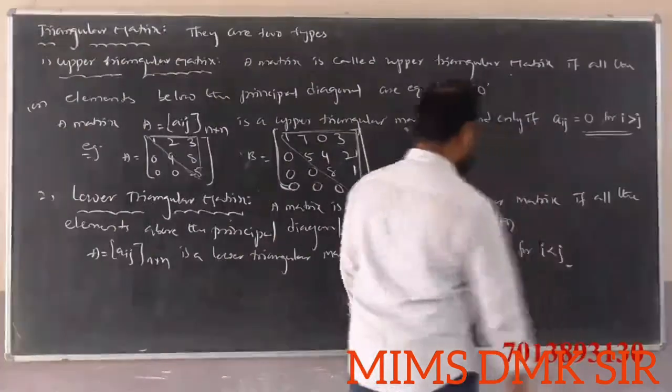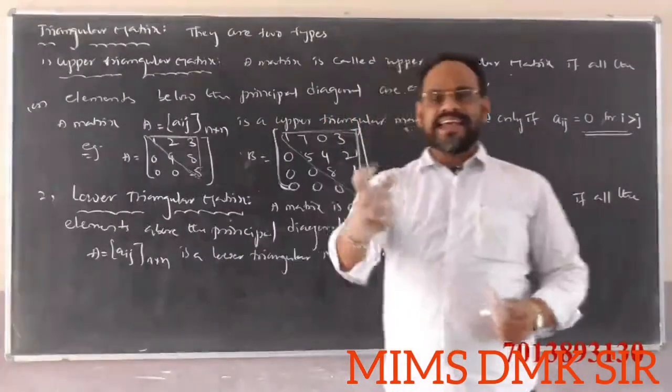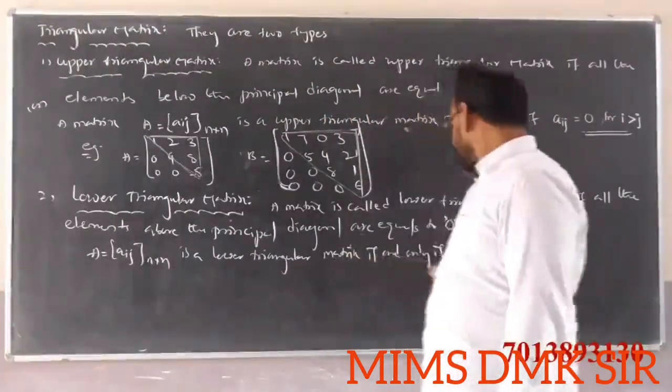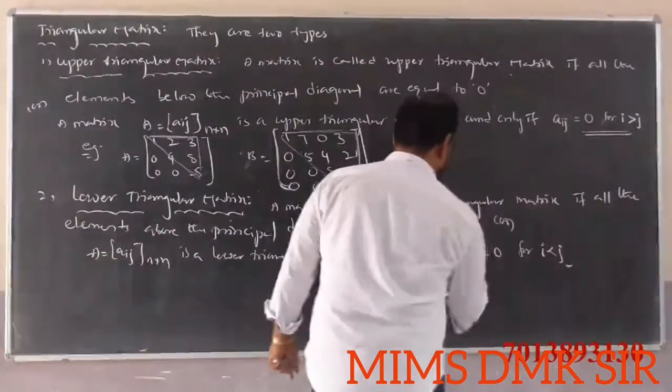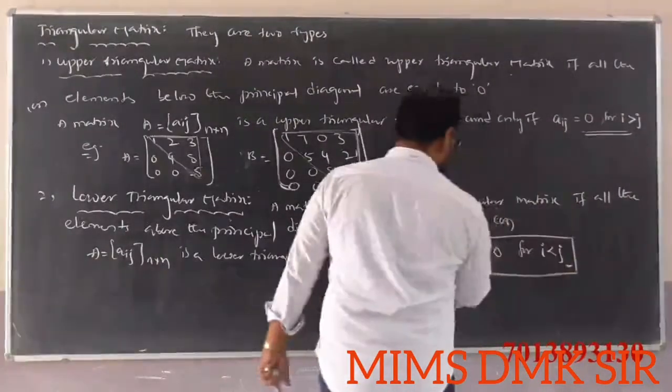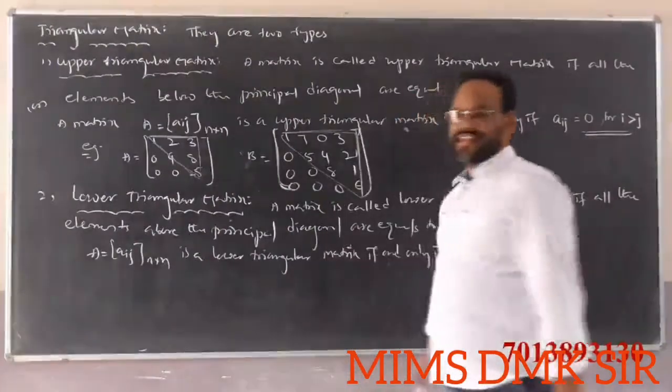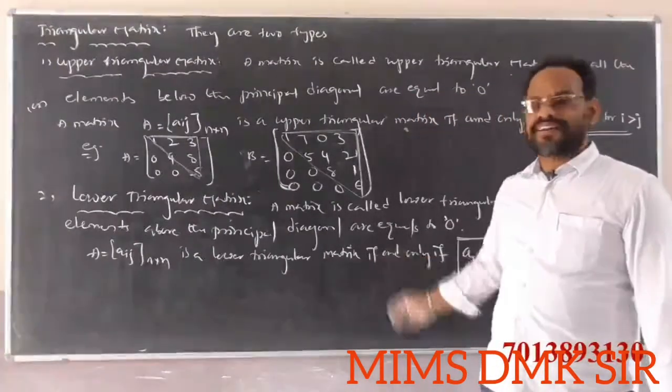For i less than j, Aij is 0. Observe, this is very important. Aij is equal to 0 for i less than j, then the matrix is called lower triangular matrix.